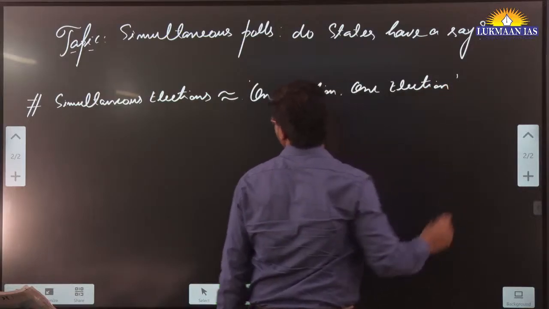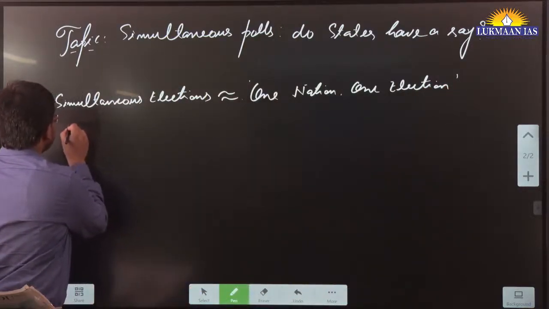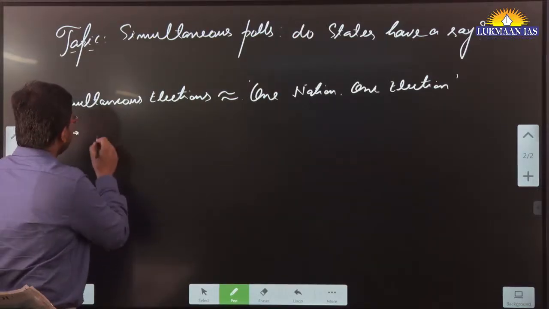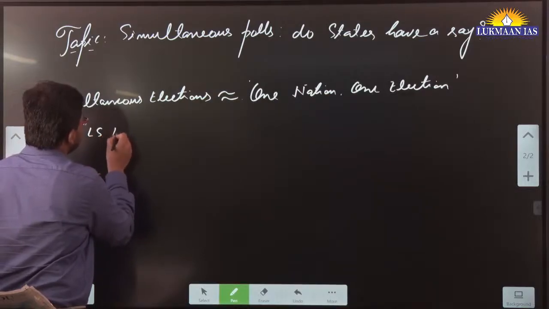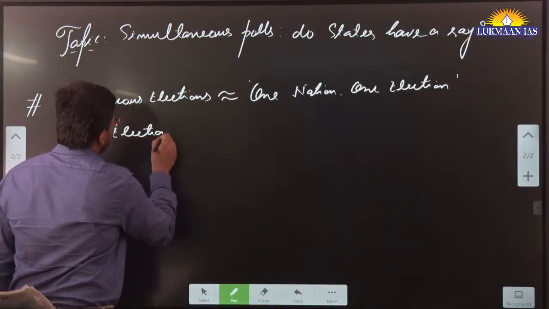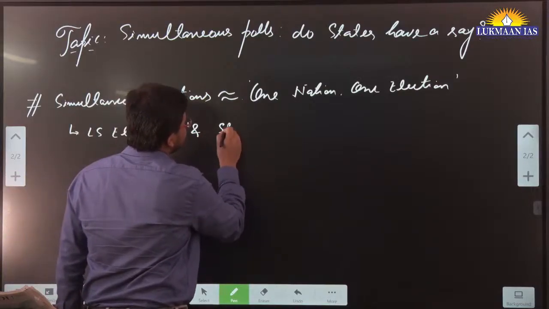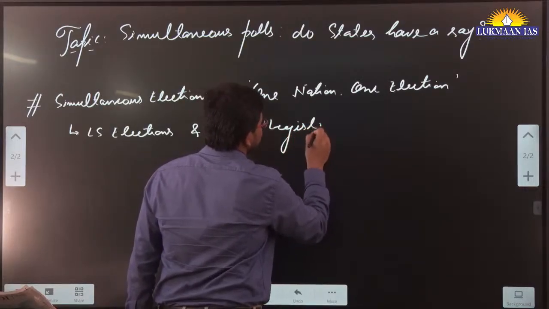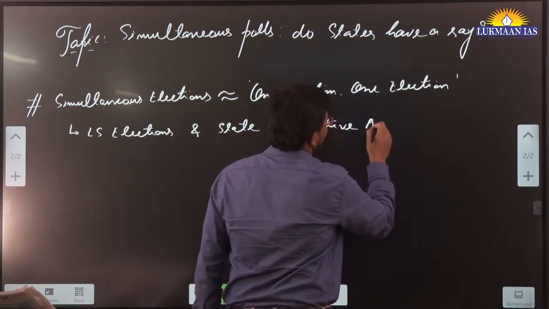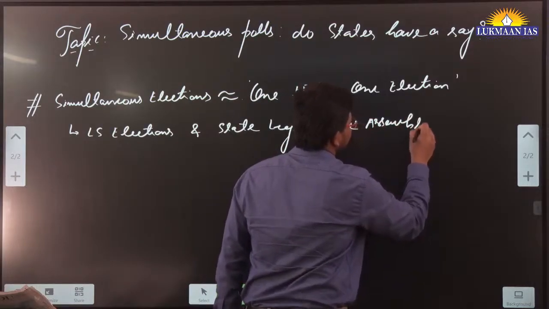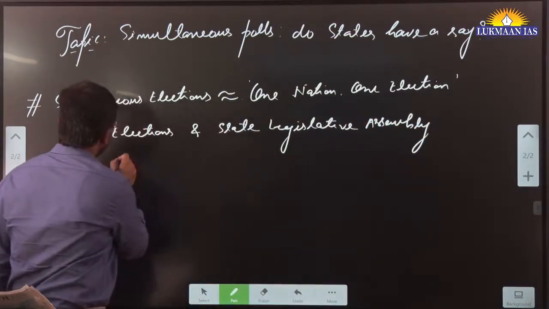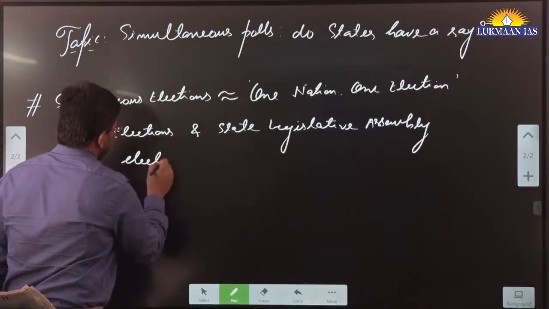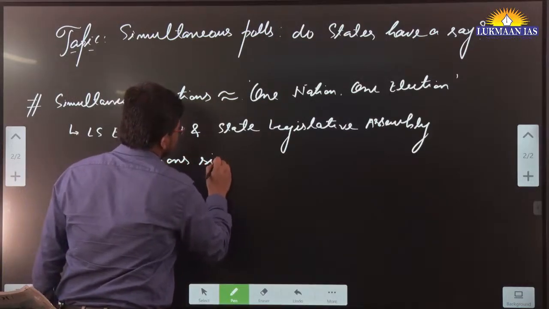So we need to understand what simultaneous polls are. Under the one nation, one election concept, we want to conduct the Lok Sabha elections and state legislative assembly elections, both, simultaneously.